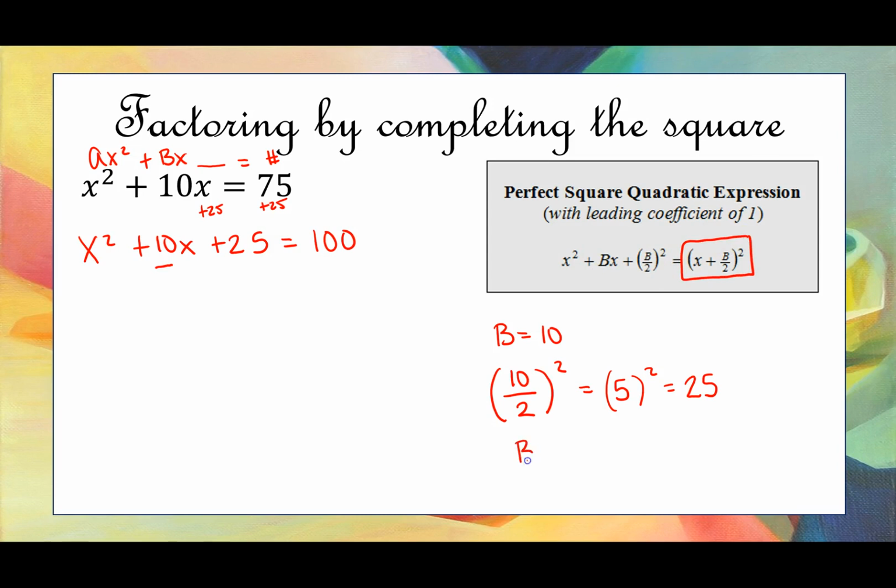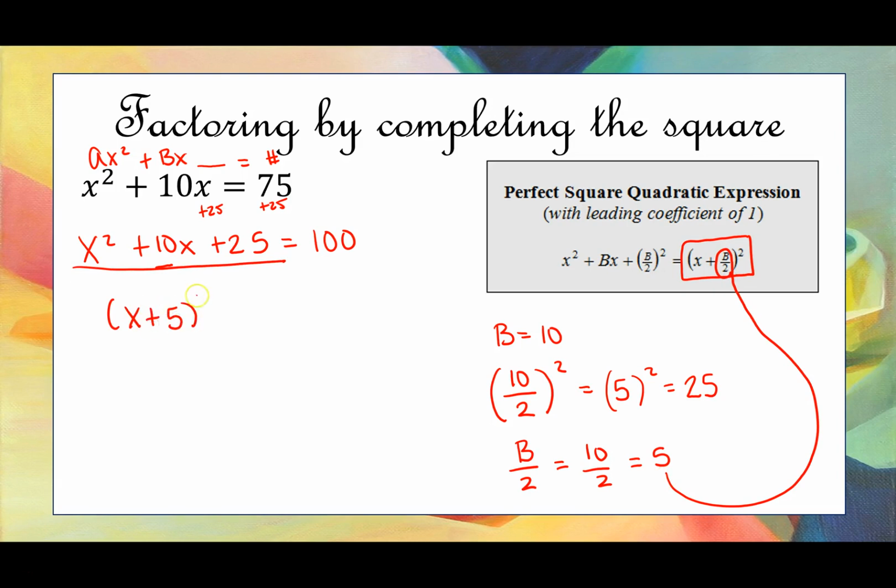Well, what is b divided by 2? 10 divided by 2 is 5. So I can rewrite this whole thing as x plus 5 quantity squared. And if you don't believe me that this is the same thing as this, you can actually FOIL it out and you'll see it is exactly the same. So all I've done is factor this by using this model, and that's going to be equal to still 100.